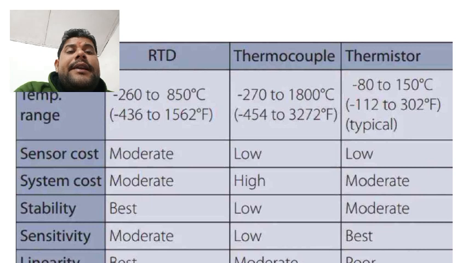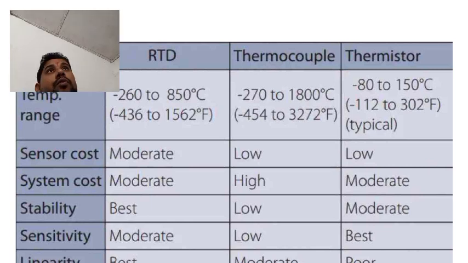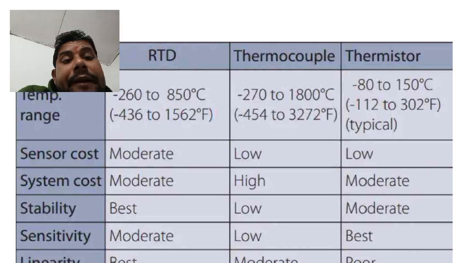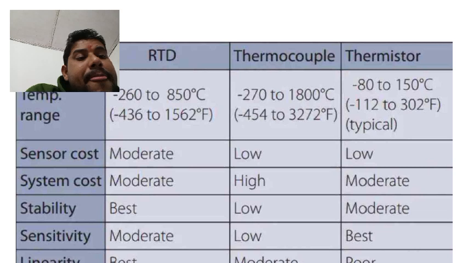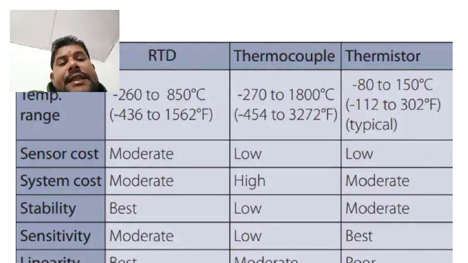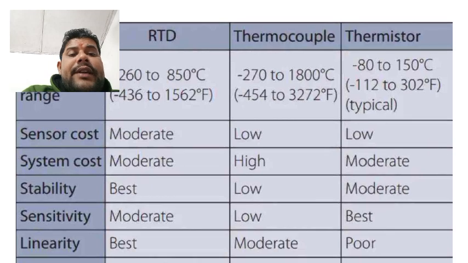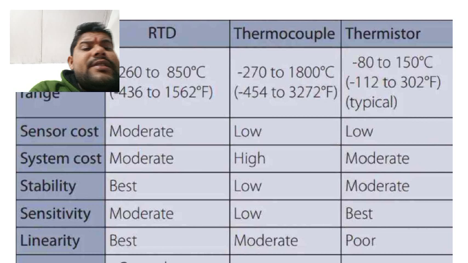Stability: RTD is the best stable because the platinum resistance used is very linear and has long-term stability. Thermocouple stability is very low. Thermistor stability is moderate. Sensitivity: moderate sensitivity in case of RTD, but thermocouples are low sensitive.